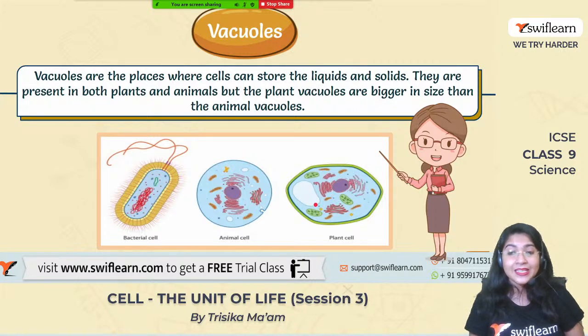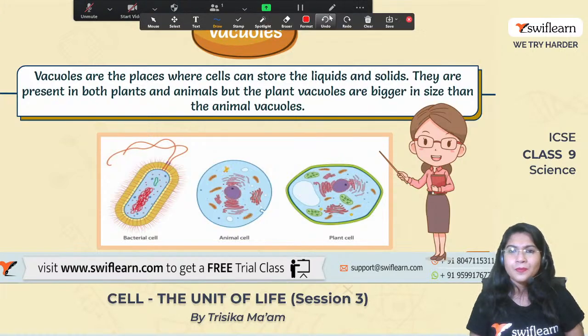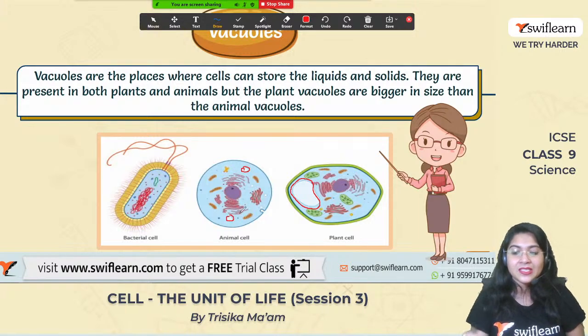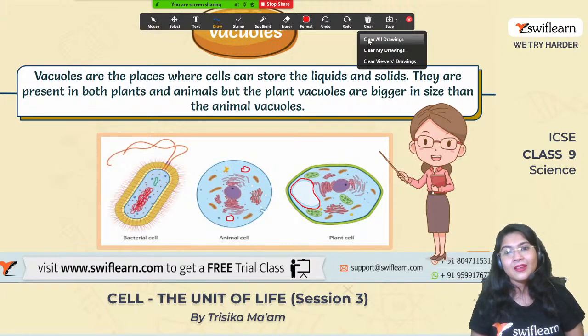Isn't it a bit larger in the plant cell and very small in the animal cell? If you compare the two sizes, you will find the vacuoles are very large in the plant cell, but very small in animal cells, right? Understood?